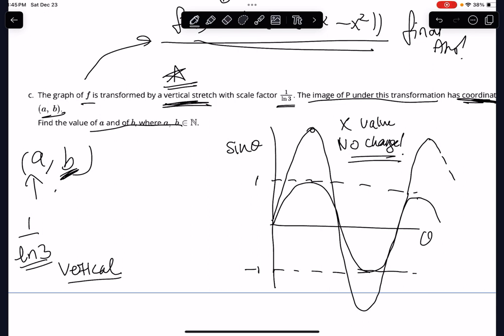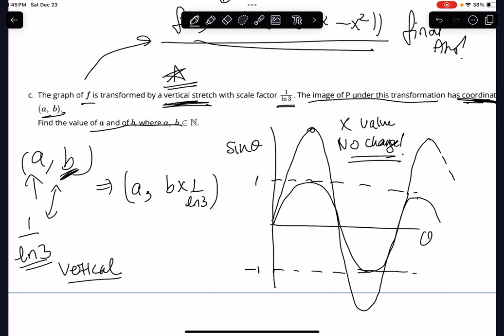So the new point is a comma b times 1 by ln 3. You're just multiplying the y values by the scaling factor.